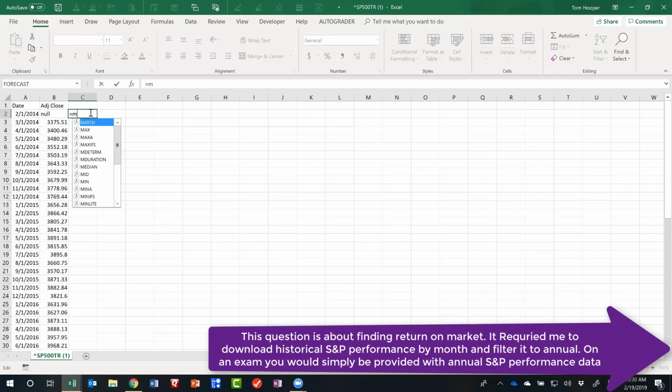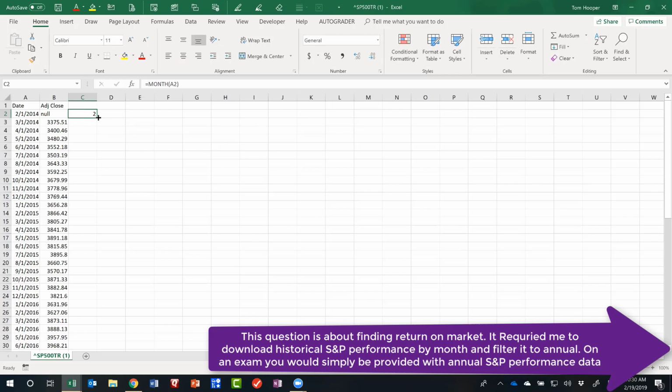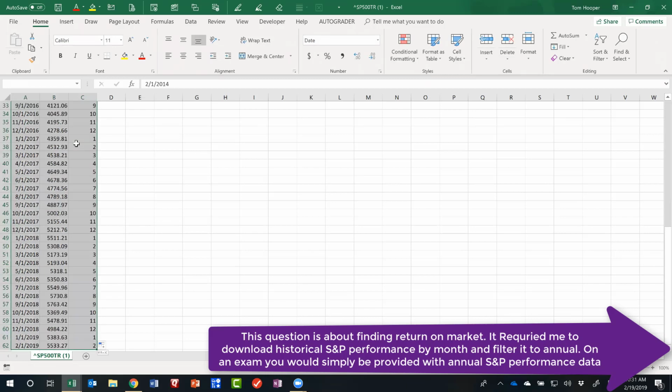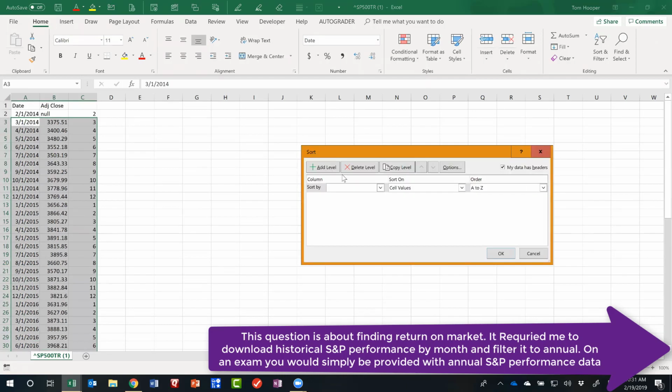So a trick I'm going to use, you don't have to do this for the exam. I would give you the data on the exam, but let's pull the month out of each date. And let's sort by that month.